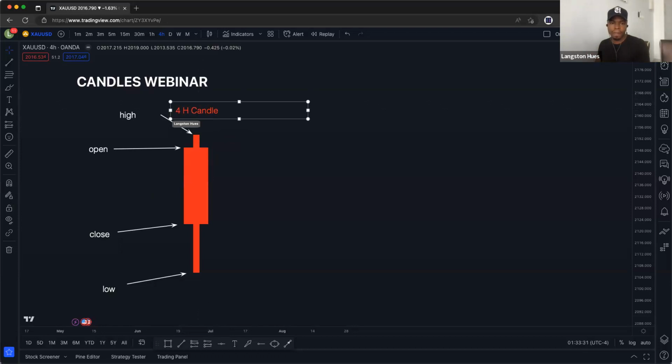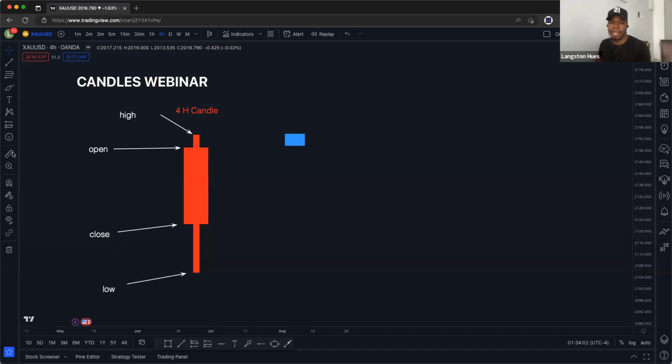It might be something like this. Let's take a look here. We had a 1-hour candle that may have done something like this, right? So this is our first 1-hour candle, because we know that there are four 1-hour candles in a 4-hour, right?